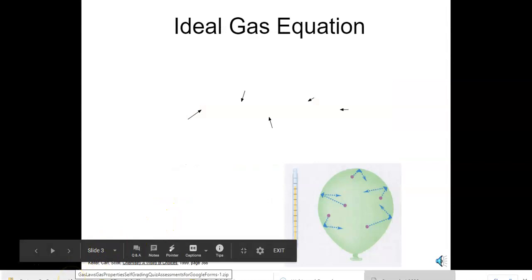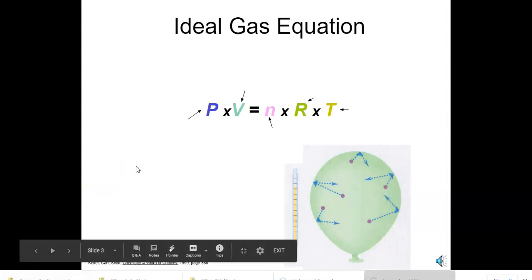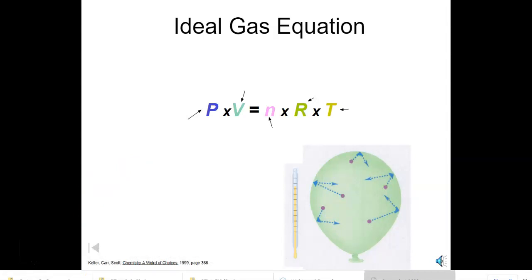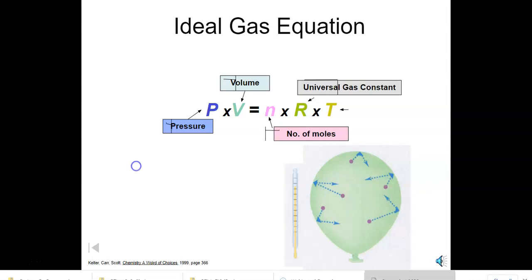Okay, so your ideal gas equation is P times V equals nRT, where P stands for pressure, V stands for volume, n is the number of moles, R is our universal gas constant, which can be written as 0.0821 atm·L over mol·K, or it could be 8.314 kPa·L over mol·K.